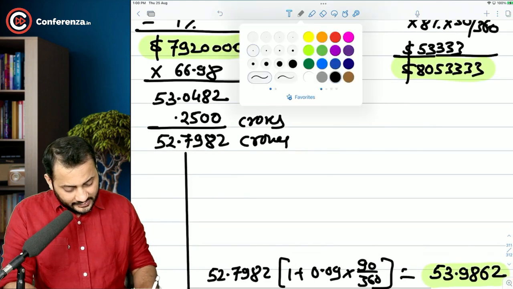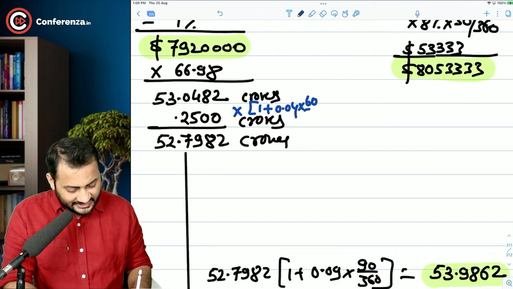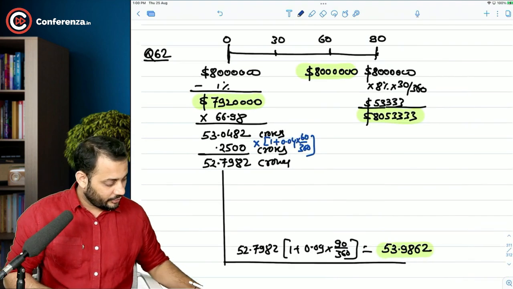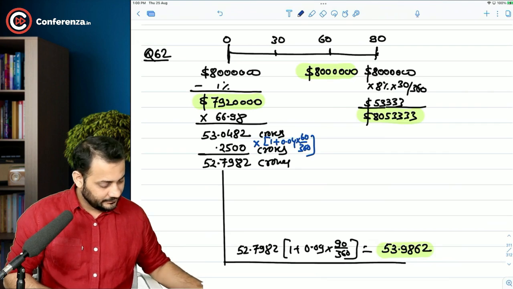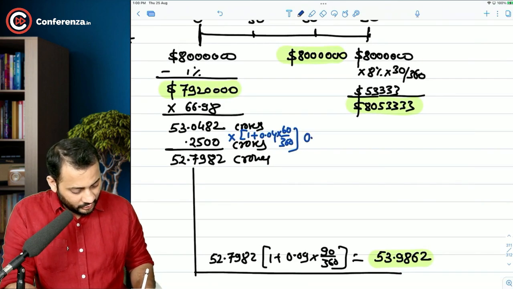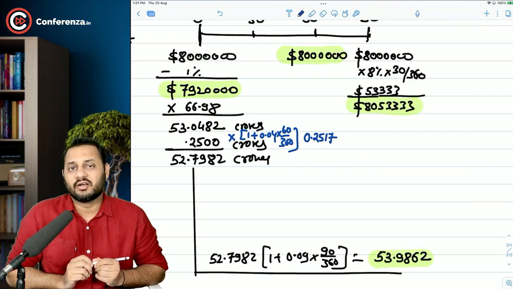You can easily do that calculation here: 25 lakhs into 1 plus 0.04 into 60 by 360. So 0.04 into 60 by 360 plus 1 into 0.25. So the amount that I will have on this date is 0.2517 crore. I have a slightly higher amount to adjust with the required amount.